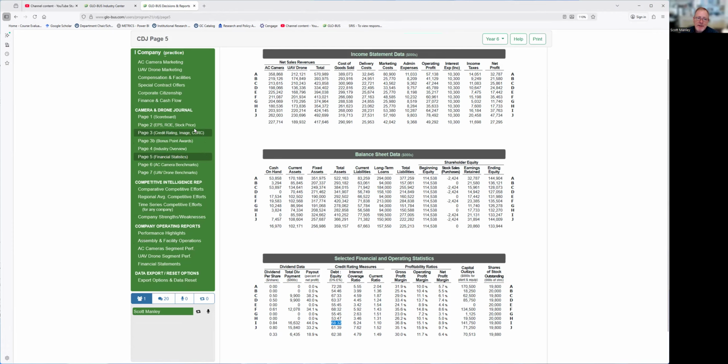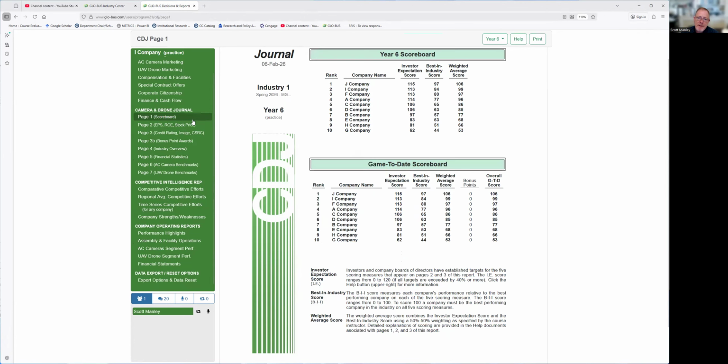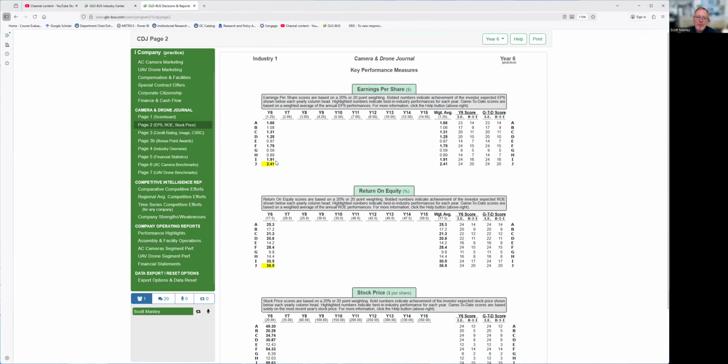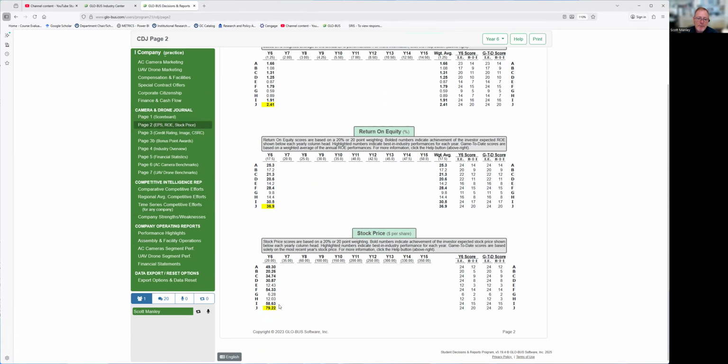Okay. I still did pretty well in the grand scheme of things. This goes back to what I told you about there being a lot of slack in the industry, right? My earnings per share was well above the investors' expectations. In Company I, it was the second highest in the industry. My return on equity was the second highest in the industry. My stock price was the second highest in the industry.